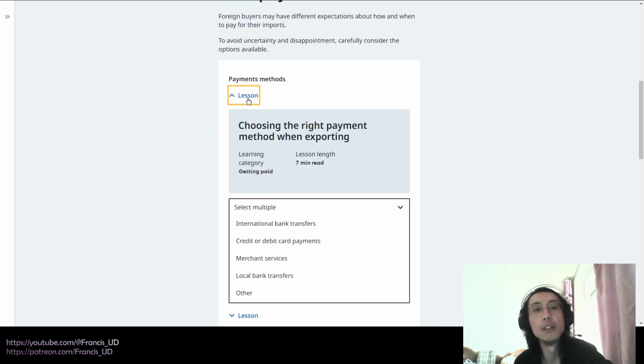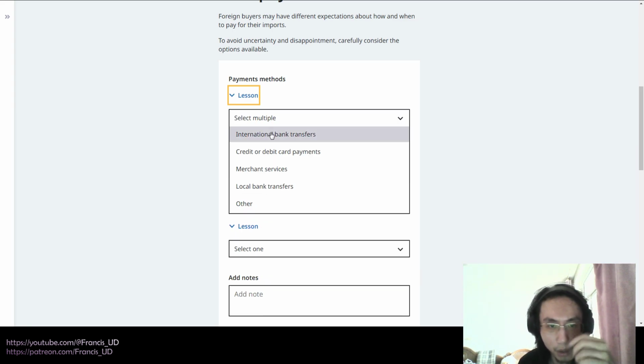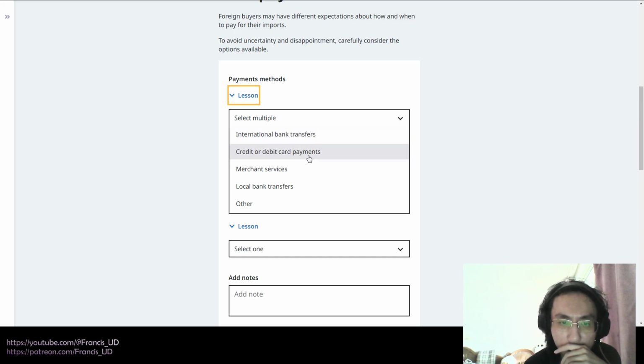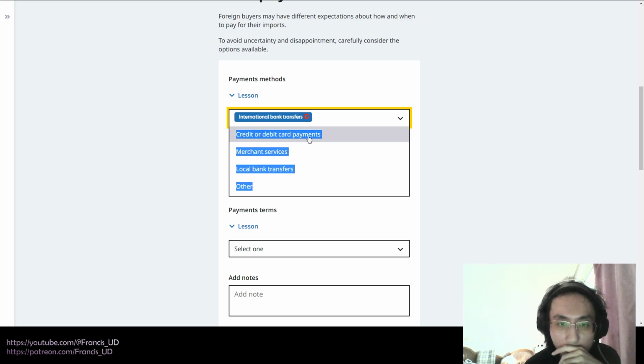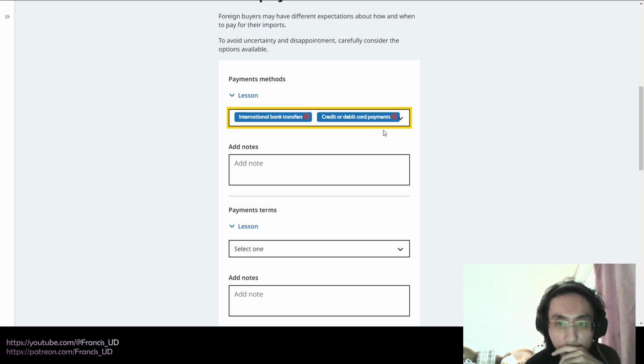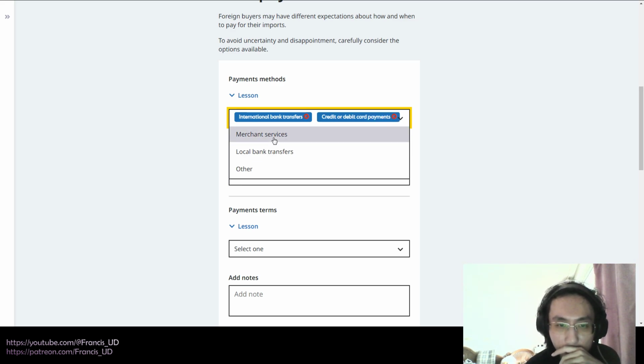Payment methods. Choosing the right payment methods when exporting. Lesson length 7-minute read. International bank transfers, credit or debit card payments, merchant services, local bank transfers, others. Maybe international bank transfers. Oh, apparently we can pick multiple options here.